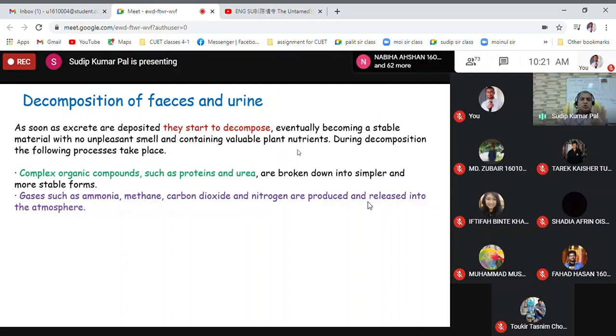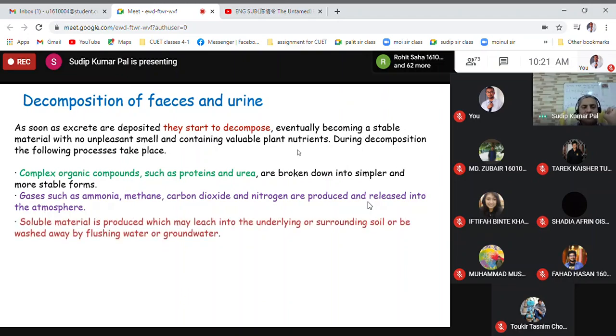So it means not only cleaning or decomposing the feces and urine, but also producing materials, gases or compounds that can be captured and used later on.